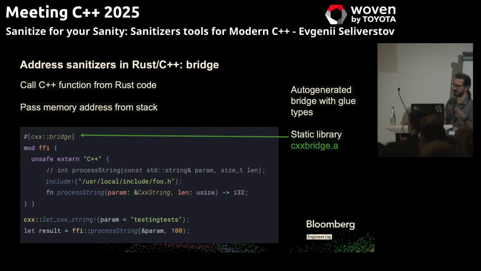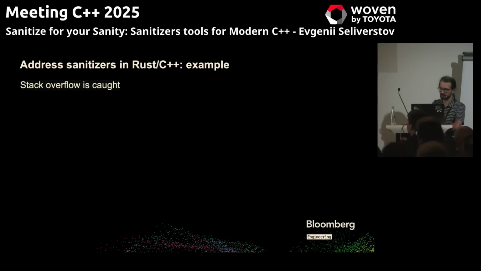Unfortunately, the syntax is not so good because we cannot just do it in the normal Rust way. We need to call a special macro which introduces a variable on the stack. So the same, it says testing test, and we're trying, as we did before, to dereference the 100th element, right? So we built all the things with sanitizers.